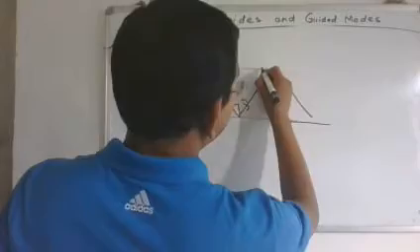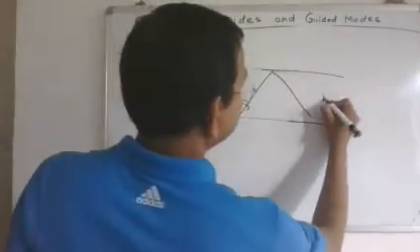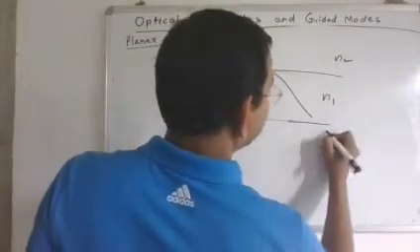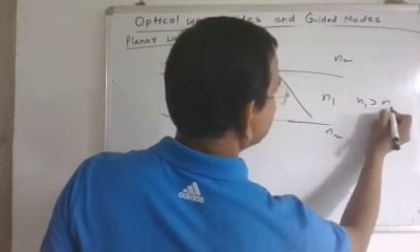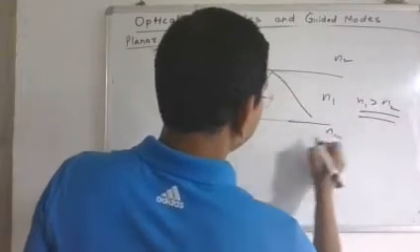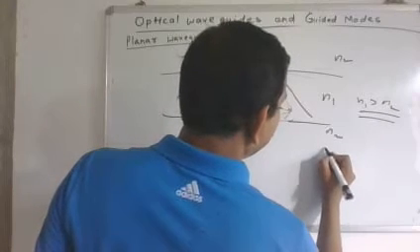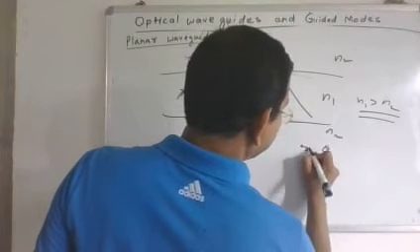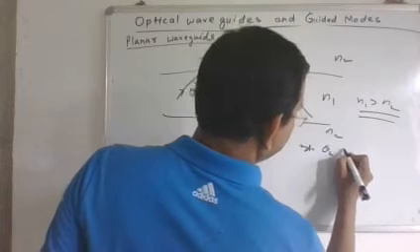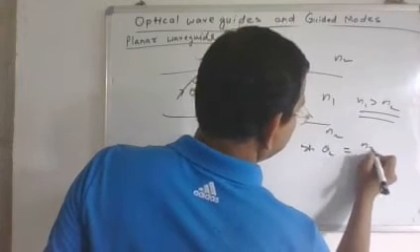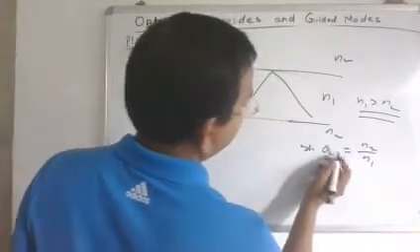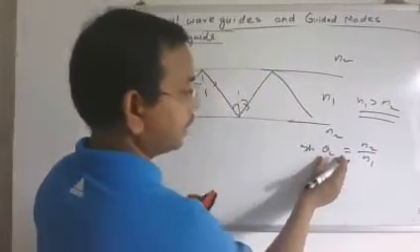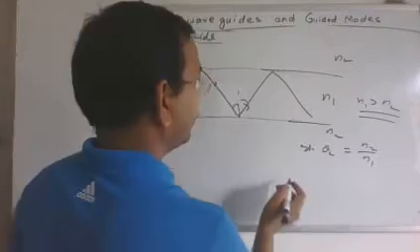So if this is n1 and these two are n2, what should be the condition? n1 must be greater than n2, because sine theta c must be equal to n2 by n1. So n1 must be greater than n2 for having a real value of the critical angle.